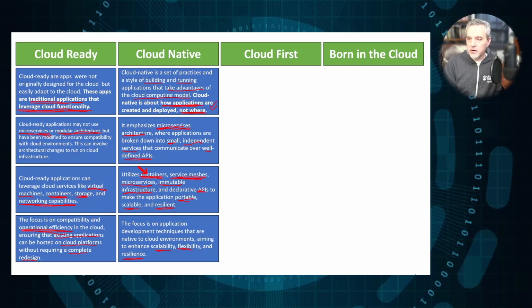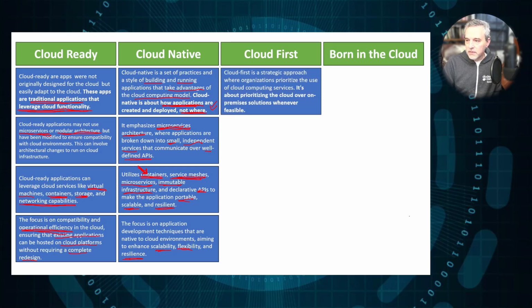So the third one here is cloud first, and sometimes it's confused with cloud native, but it's different. So cloud first is more of a strategic approach, and this is more driven by an organization's business needs, and the business needs that drive a lot of the decision makings, rather than what happens over here in cloud native. Cloud native, again, is more about trying to optimize for what all the cloud has to offer, and cloud ready is more about getting things in the cloud.